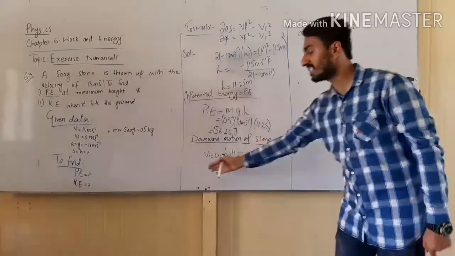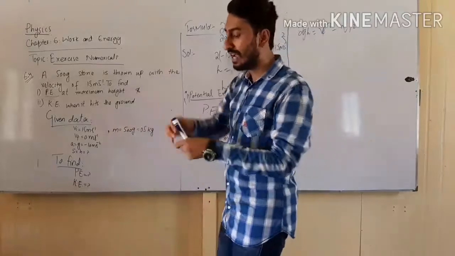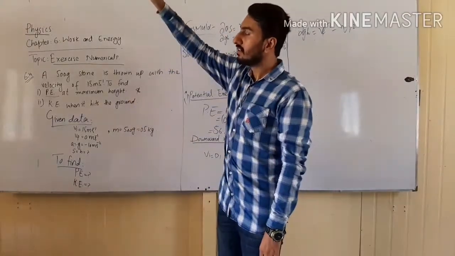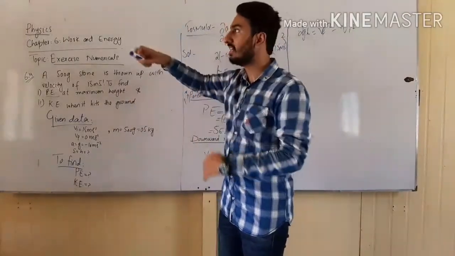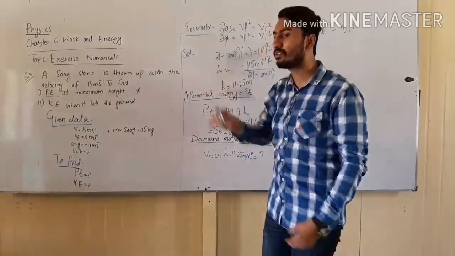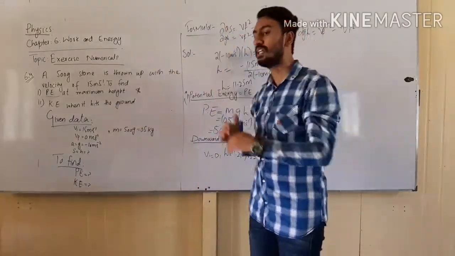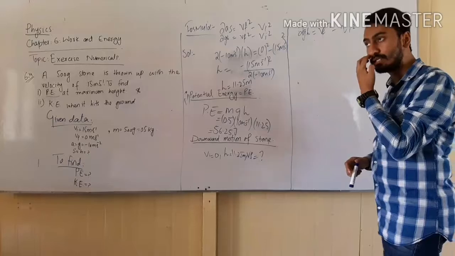Remember students, in this case initial velocity is 0. I have told you when something is thrown up, at some point after gaining maximum height, it stops and then it starts coming back to the ground. Before coming back to the ground, it stopped for some milliseconds. So when it stops, its velocity is 0.